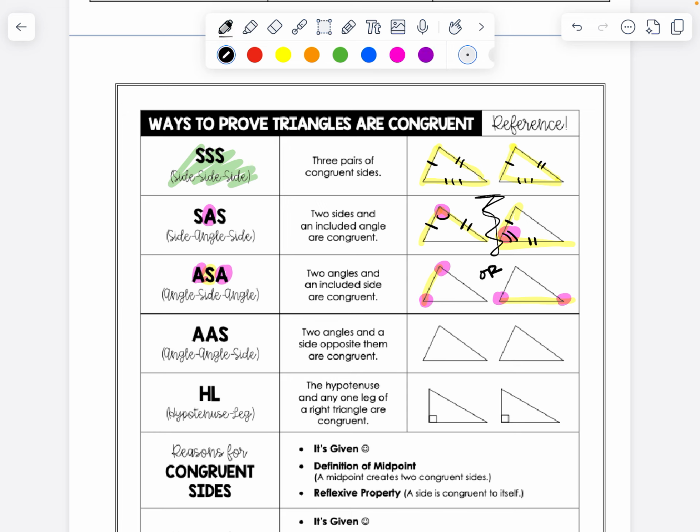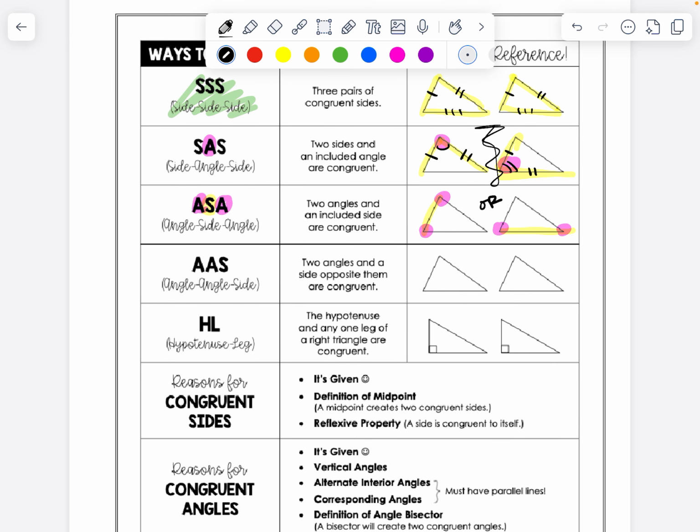All right, AAS is an option. So angle, angle, side. That is a side all by itself. He is lonely, lonely, lonely. So angle, angle, and then a side. It is not included. It is not in between the angles. It is all by its lonesome. So that could be angle, angle, side, like that.